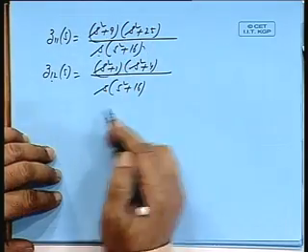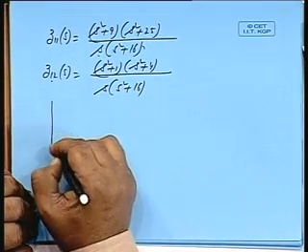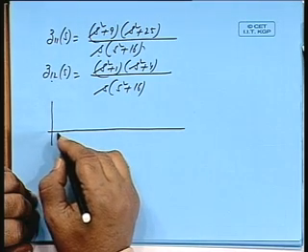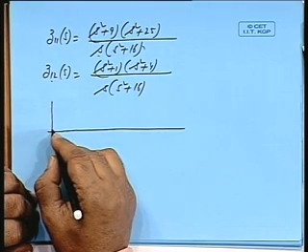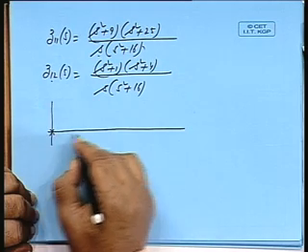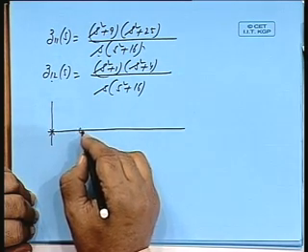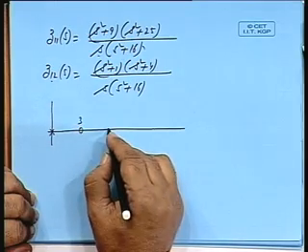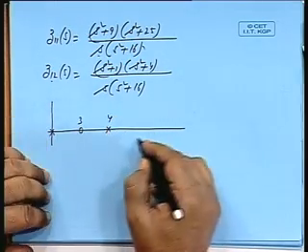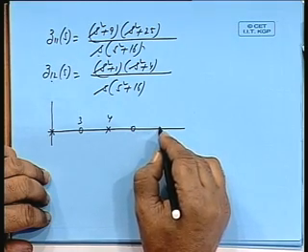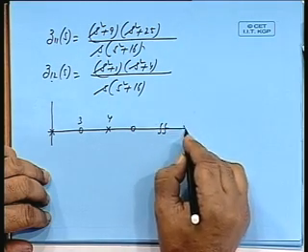So, poles and zeros for Z11: is the origin a 0? Pole. Then 3, 4, okay, they are not to scale anyway, 5, and then at infinity there is a pole.